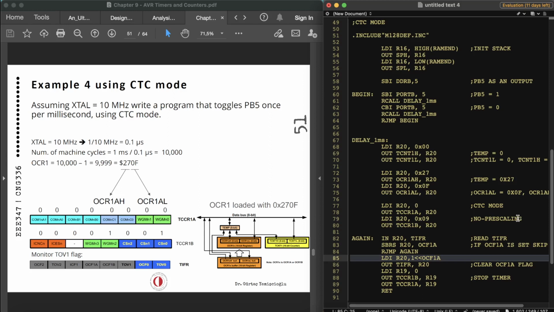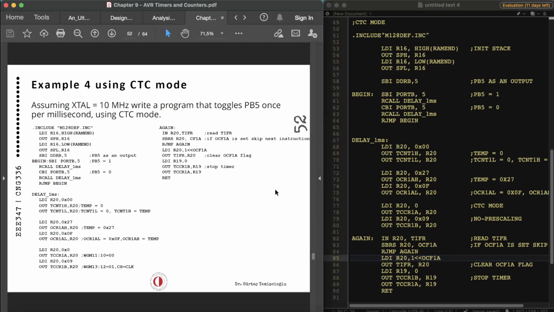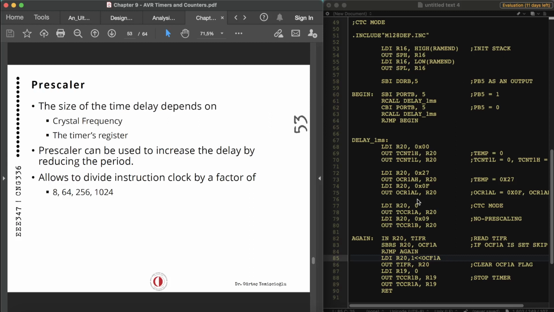And TCCR has to be configured so that it can be in CTC mode, and we have to monitor the OCF1A flag. Okay, so that's the code in CTC mode that we already wrote over here as well.